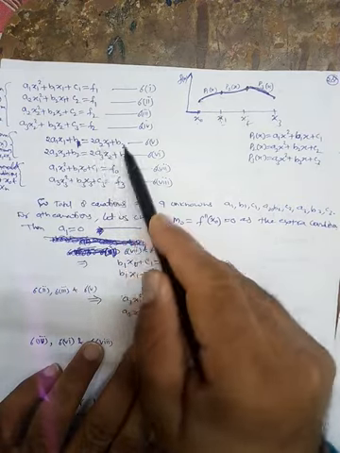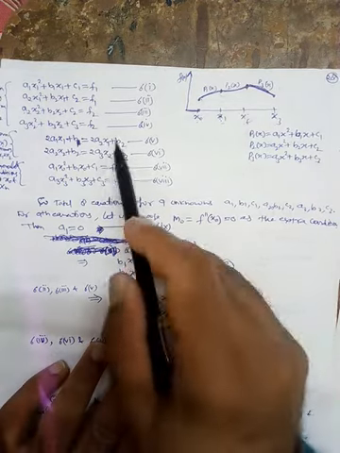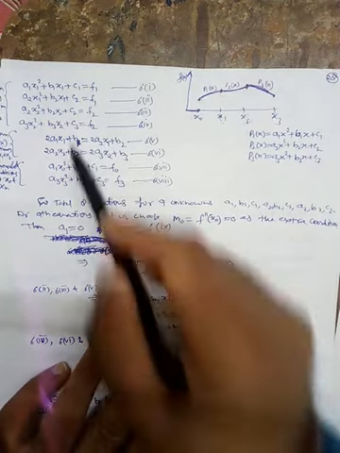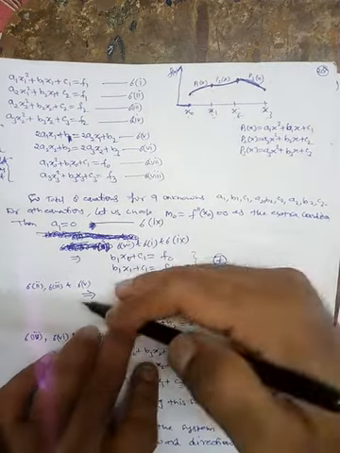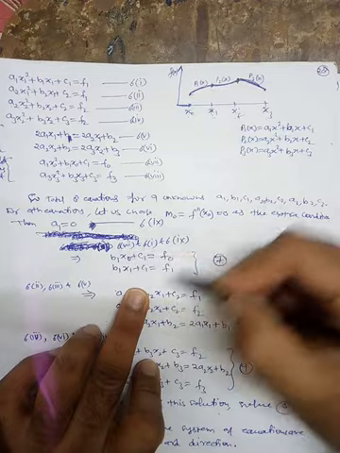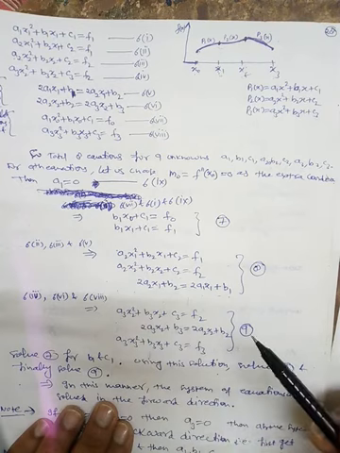So the only unknowns are a2 and b2. So we are writing this on the left hand side and this part on the right hand side, because a1, b1 and c1 are all known to us. Now solve this system of equations, we get a2, b2 and c2.